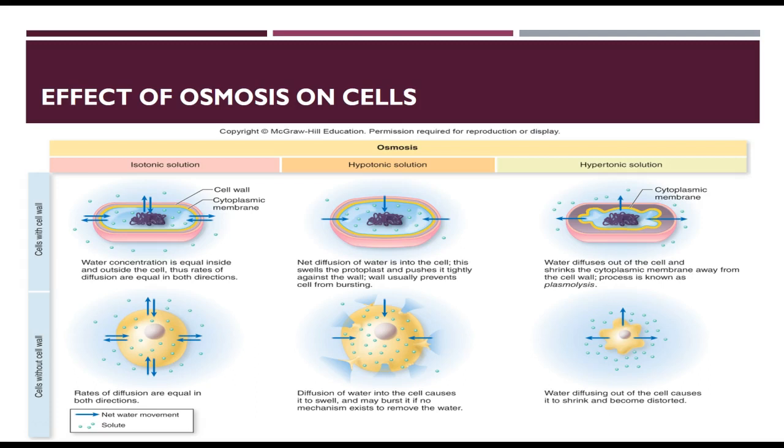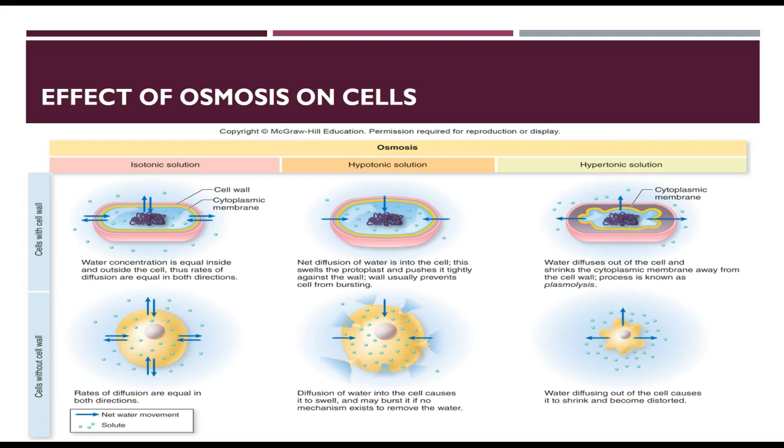In a hypotonic solution, the net diffusion of water is into the cell. This does not mean that water isn't leaving the cell. What it means is that more water is entering the cell than is leaving the cell. This swells the protoplast, that internal structure of the bacterial cell.